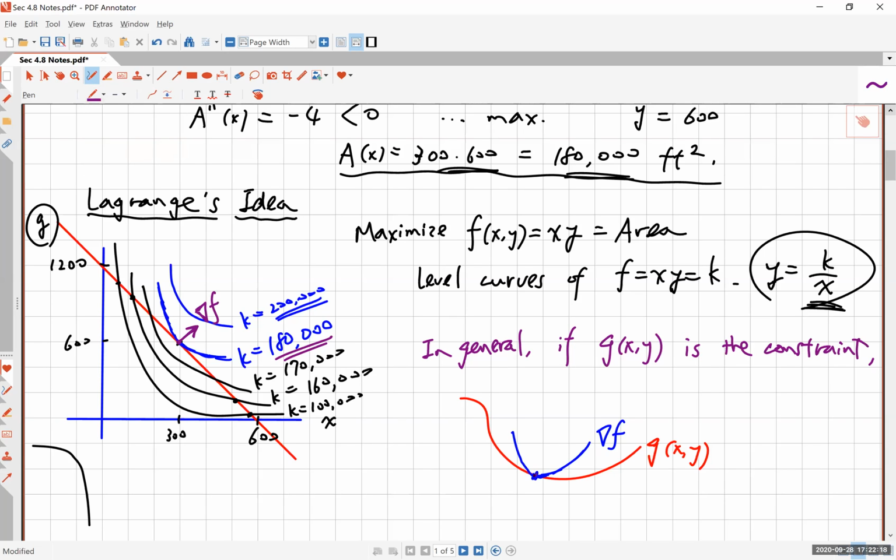Exactly. These two smooth curves meet exactly at one point, so they have to be tangent to each other.